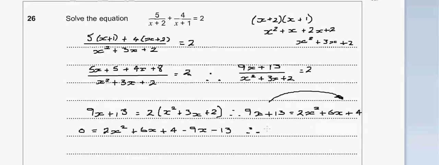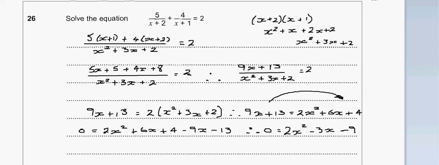Okay, so now this can be simplified so that 0 equals, and we have just 2x squared. Now 6x minus 9x is minus 3x, and then plus 4 minus 13 gives us minus 9.